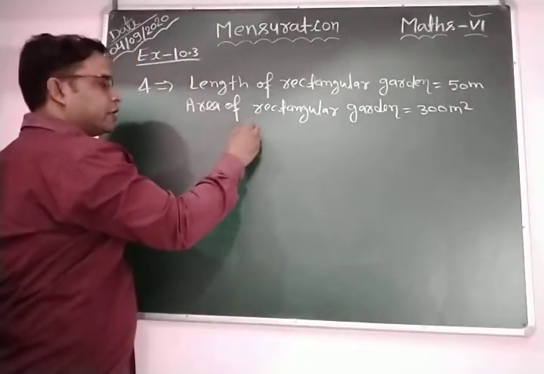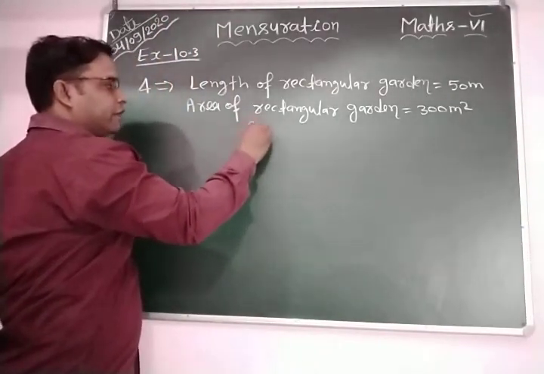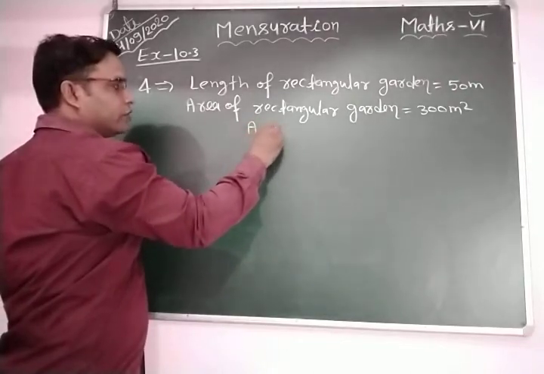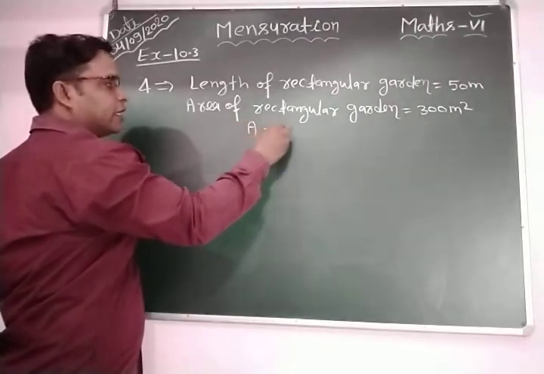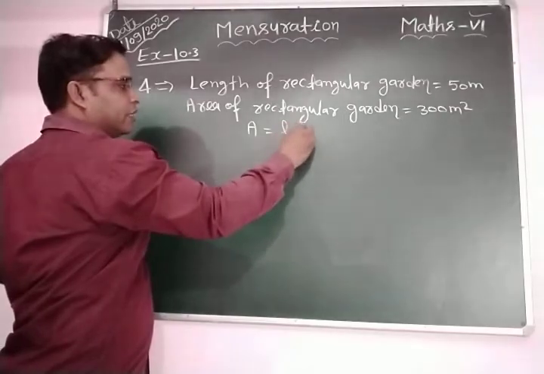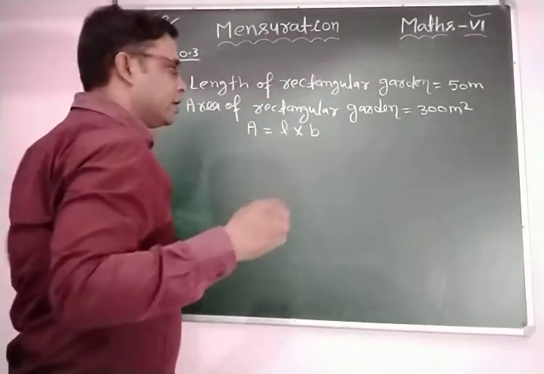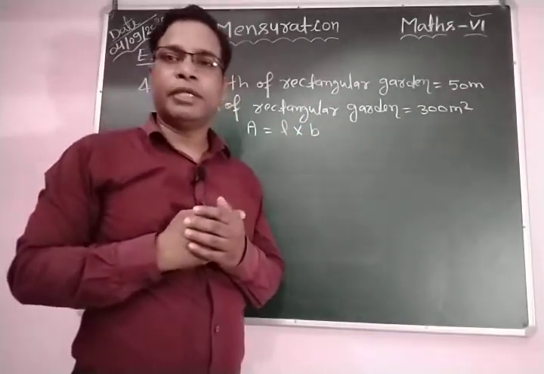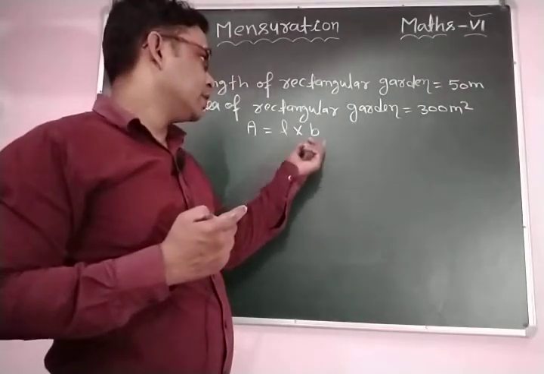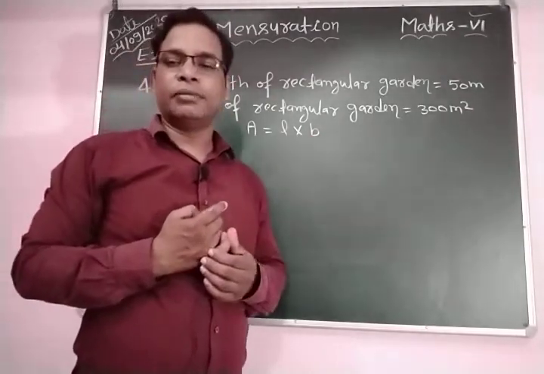So you know very well, the area of a rectangle is equal to, A represents area, L into B, L represents length and B represents breadth, or you can say width of the garden.